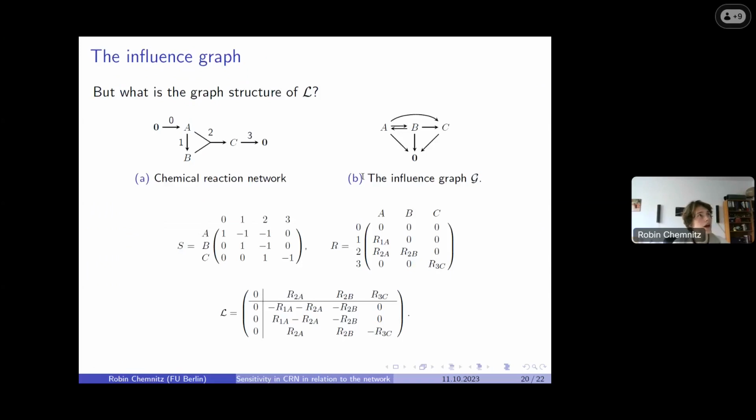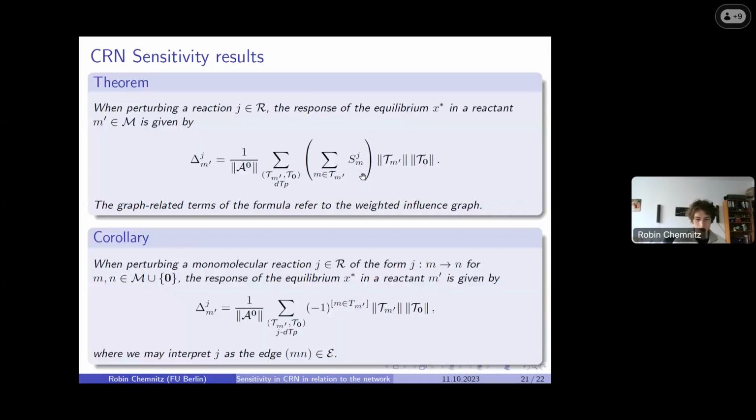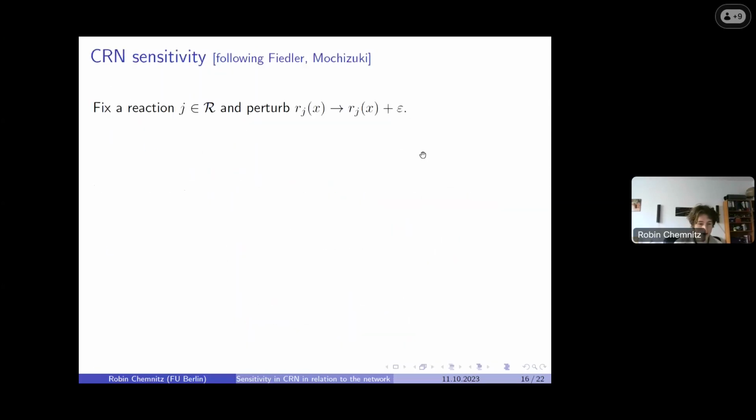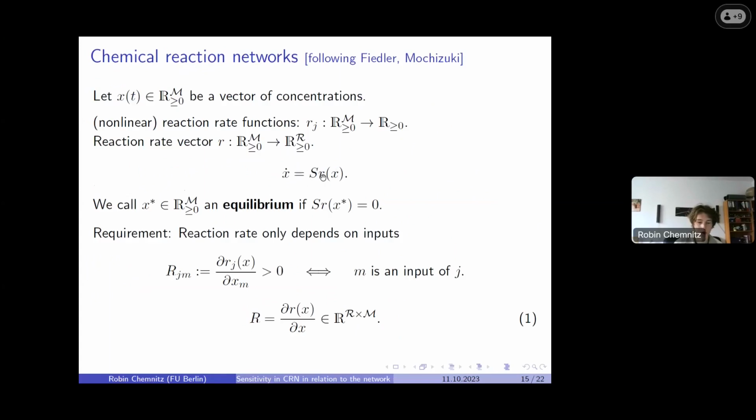Actually in this case, the reaction rates don't have to be large, because the weights in these T's are never the actual reaction rates. The actual reaction rates I denoted by a small r.